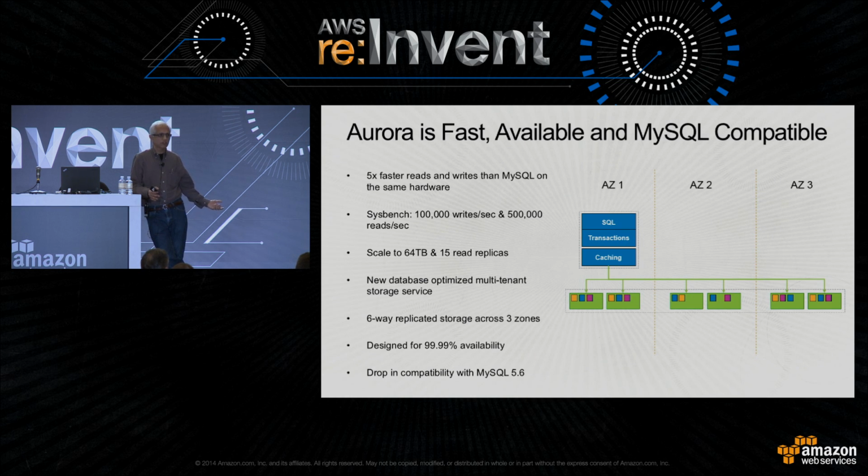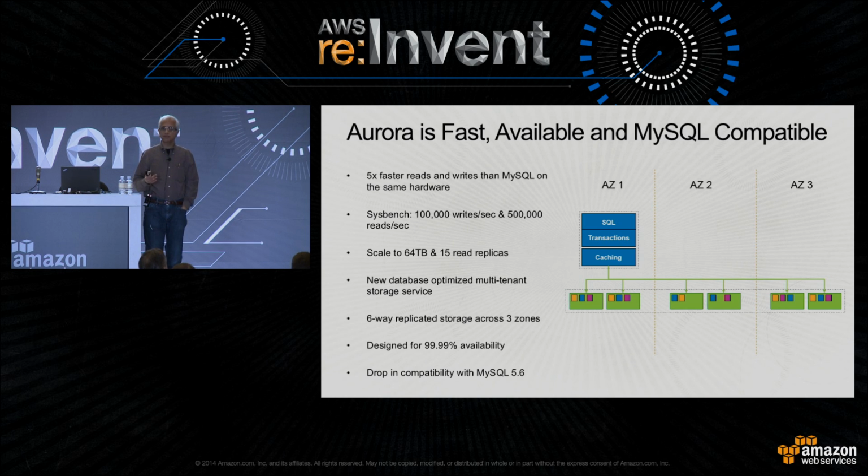And we're able to take you to 64 terabytes so that you don't have to worry about the scale aspect of databases, either from a storage perspective or from an I/O perspective. If you need to do more than 100,000 writes a second, which some people may want to do, then I'd say we'll give you a different solution. But if you want full MySQL compatibility, Aurora is the way to go.